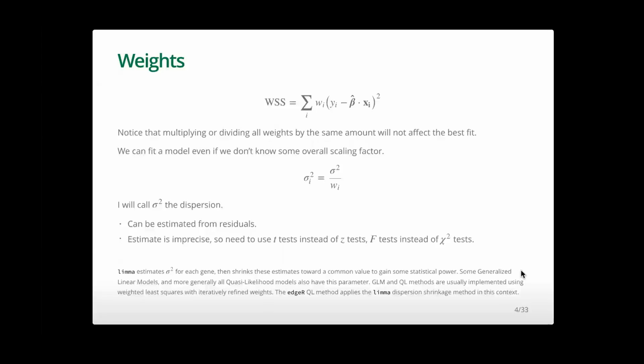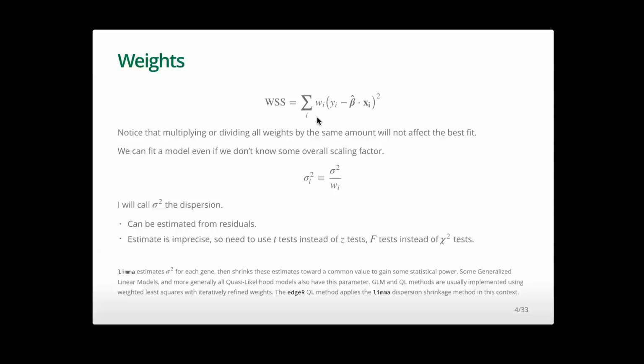Okay, so just to dive into this concept a little bit more, looking at minimizing this weighted sum of squares, the choice of coefficients that minimizes this isn't going to be modified if we were to double all the weights or halve all the weights.